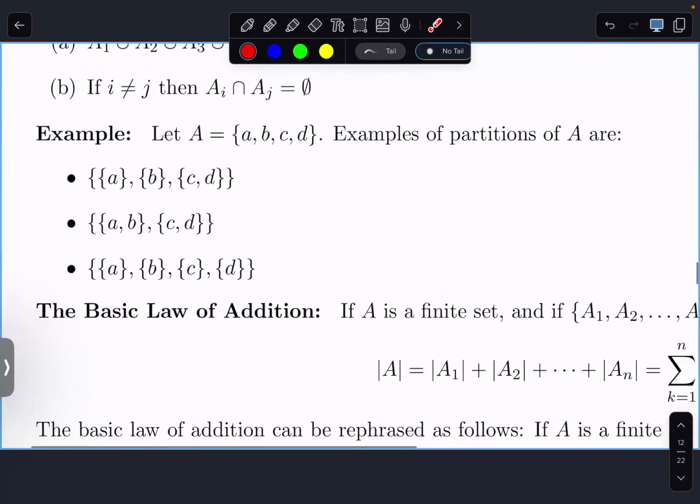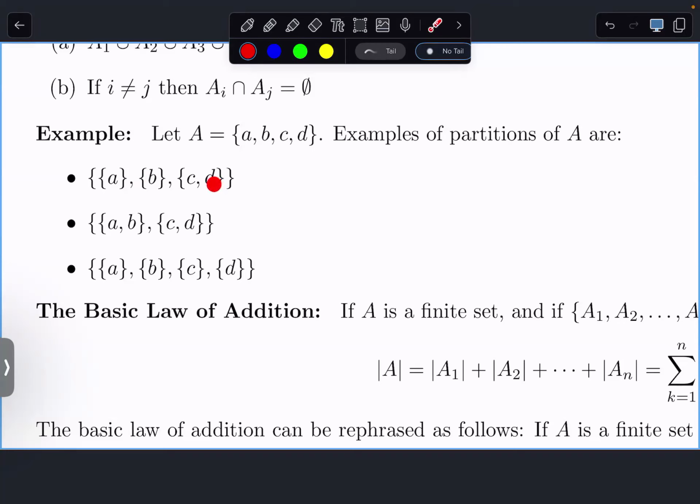As an example, there are lots of ways that we can slice and dice a set. If we have a set {A, B, C, D}, then some examples of partitions are: I can let A be on its own, B be on its own, and then C, D smushed together in one set.